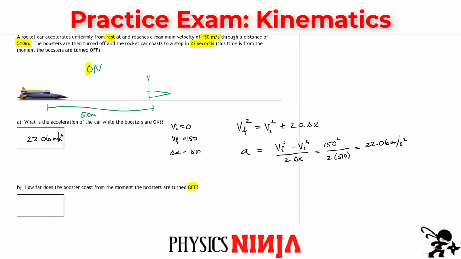And my final velocity here was 150 meters per second. Then you turn it off. And what happens in this section over here? I'm going to travel a certain distance, but I do know the time for this, 22 seconds. And I know that the final velocity here at the end, v final, has to be equal to 0.